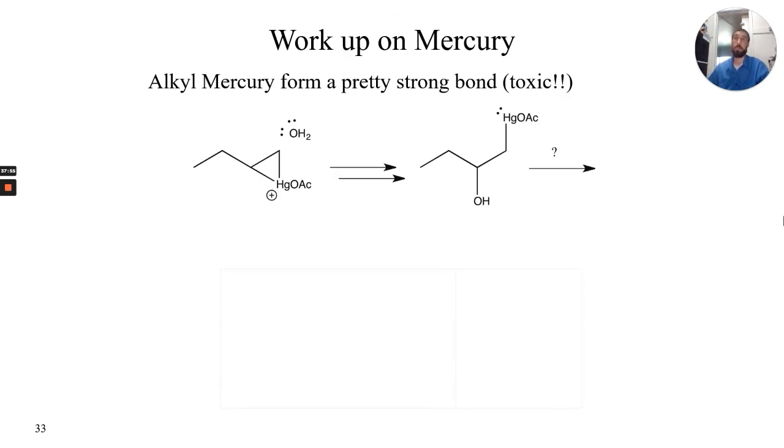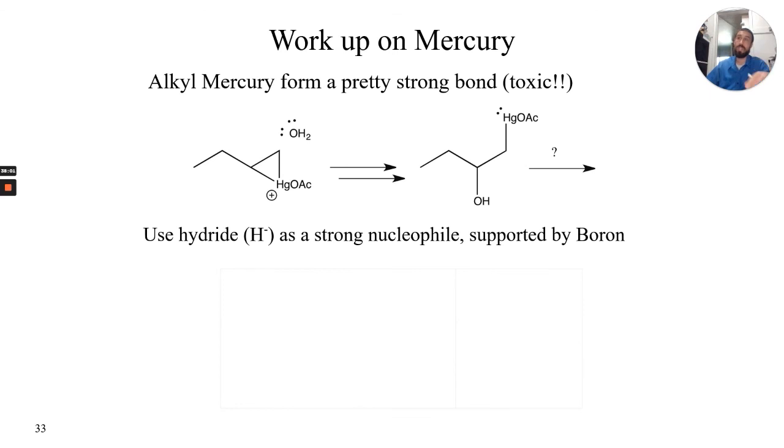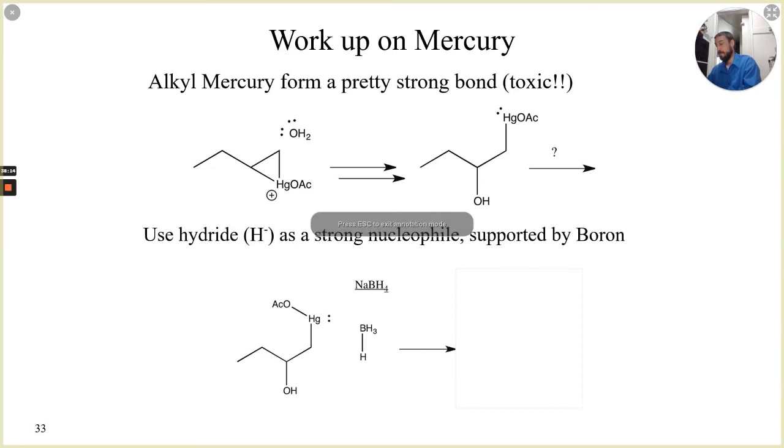There is a workup on the mercury. We're trying to ditch that mercury atom. We need something to force it off. What we use is hydride, H-. It only works when supported by boron, which is going to be confusing because we'll see a boron reagent later on. But NaBH4, due to the electron configuration and the dynamics of our boron structure, would prefer to be neutral with an empty p orbital.